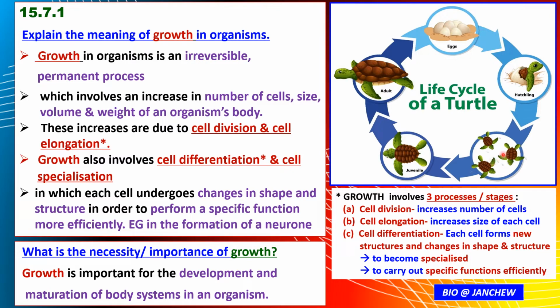So musculoskeletal system develops so that when it becomes an adult turtle, it can swim very fast in water, right? And also reproductive system develops so that it can reproduce, right? So other body systems will also develop as it grows, and that's the importance of growth.